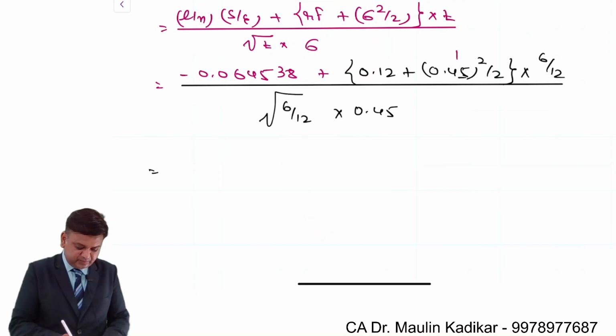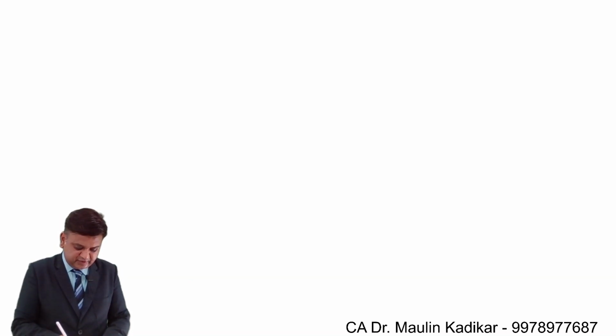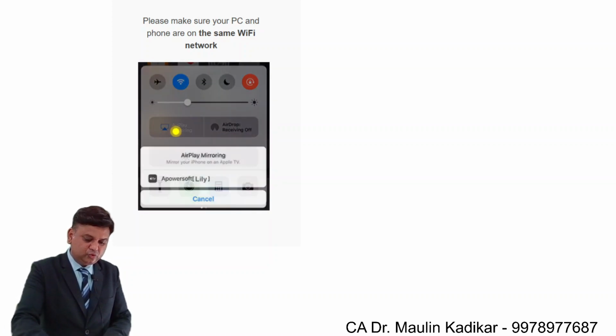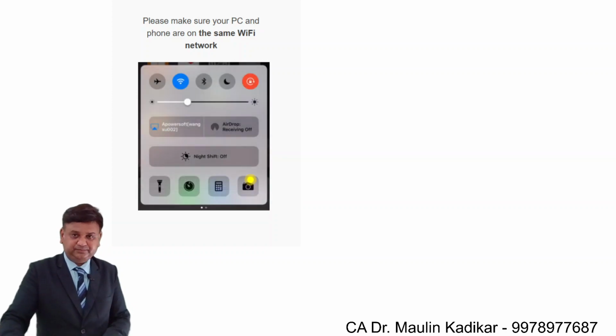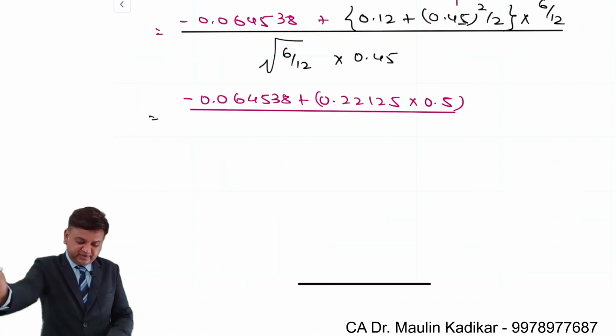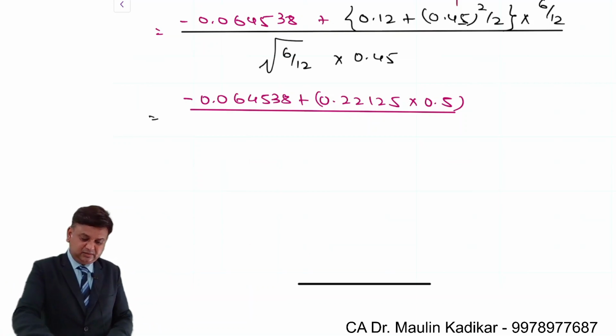Left hand side it is negative 0.064538, whole divided by root of 0.5. Root of 0.5 is 0.7071.